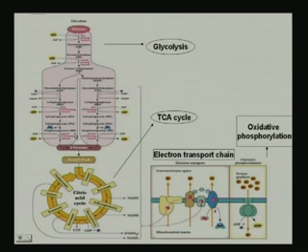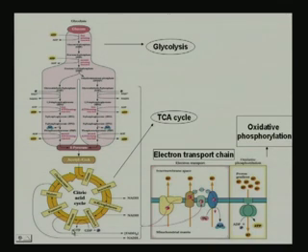That means, when 2 molecules of pyruvate are used in the TCA cycle, we get 6 molecules of NADH, 2 molecules of FADH2 and 2 molecules of GTP or ATP, and a total gain of 24 ATP molecules.